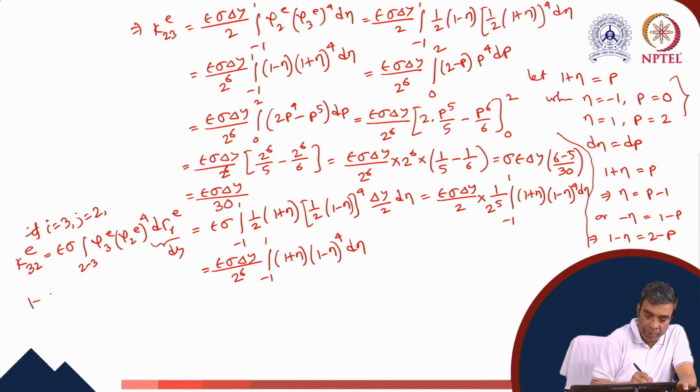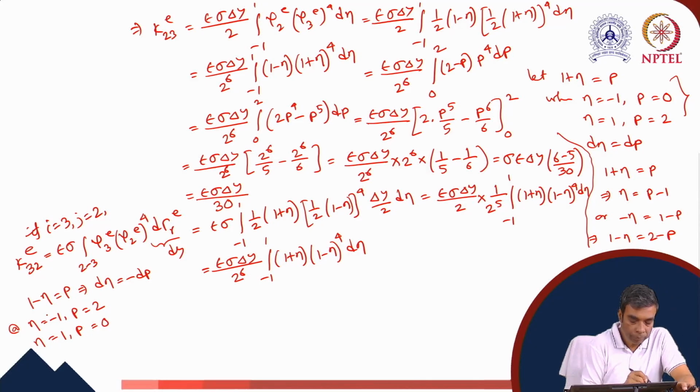Let us take 1 minus eta as p. This gives us d eta equals minus dp. At eta equals minus 1, p equals 2, and at eta equals 1, p equals 0. So the limits change to 2 to 0.